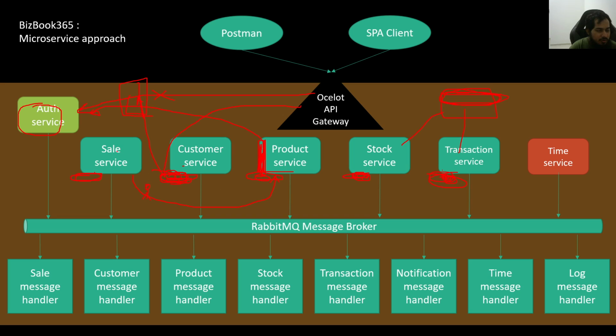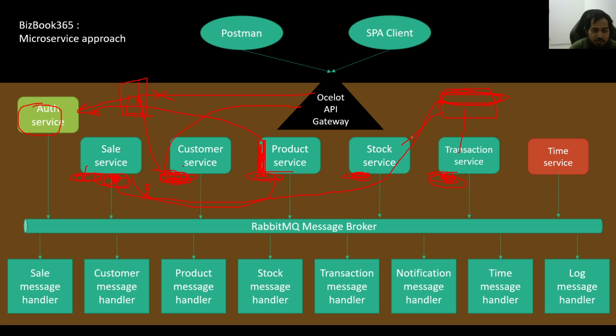So instead of calling the logging service directly, the sales service will call its own logging sidecar, and that service will take care of how it will send the log to the actual log service. So yep, that's all we can think about.